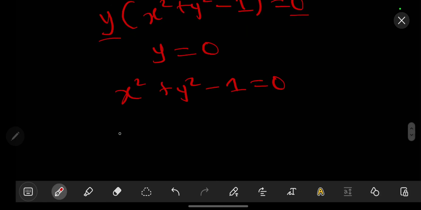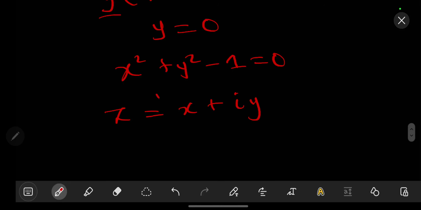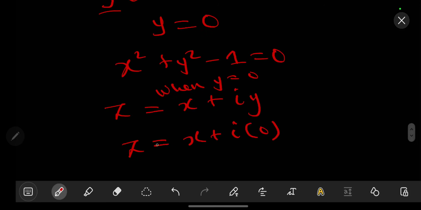Now what does this tell you? We know that the equation we have been given for z is x plus iy. This means that when our y is equal to 0, our z should be equal to x plus i, where there is y we put 0. This means that our z is equal to x.